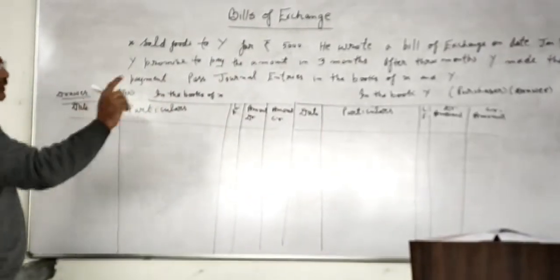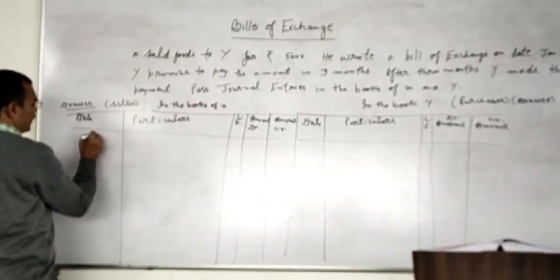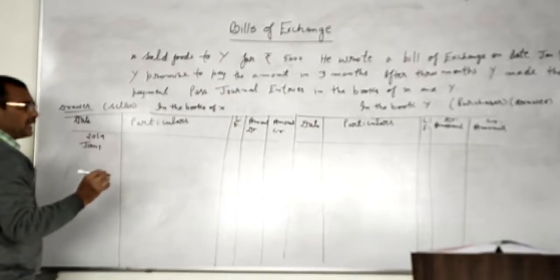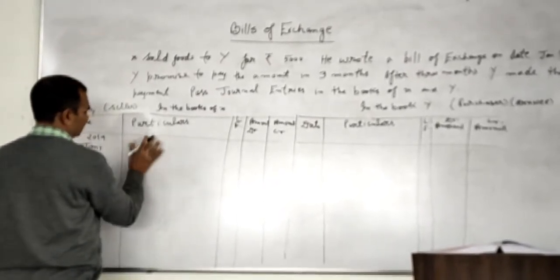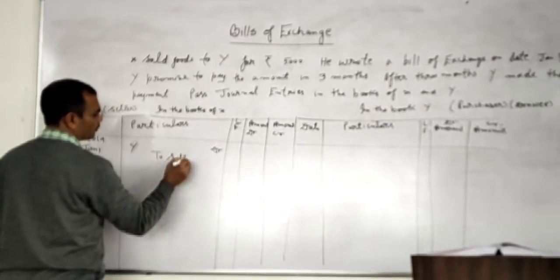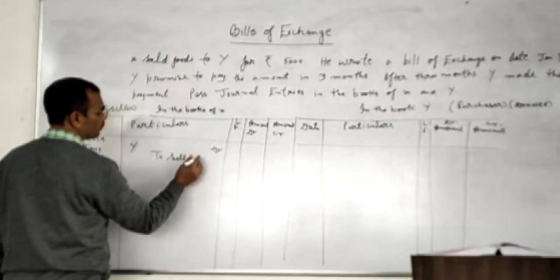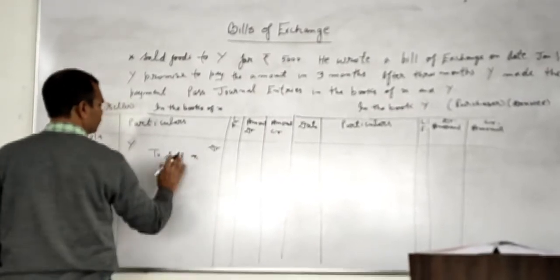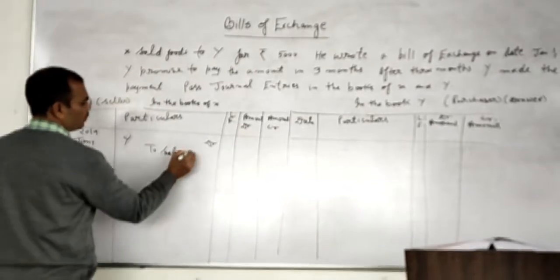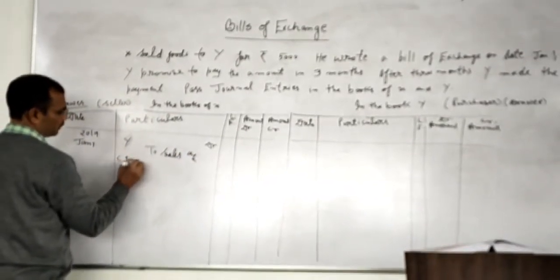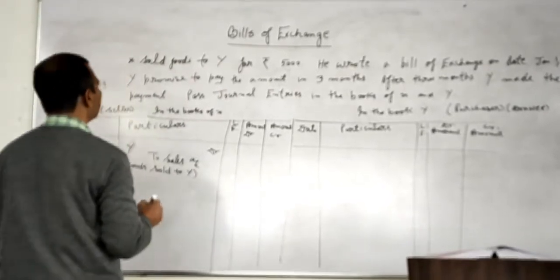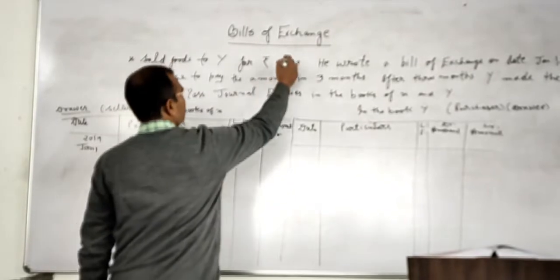So first of all, the date given is January 1st, 2019, and we will pass here the entry of credit sale: Y debit to sales account, goods sold to Y. The amount is given in your question, rupees 5,000.